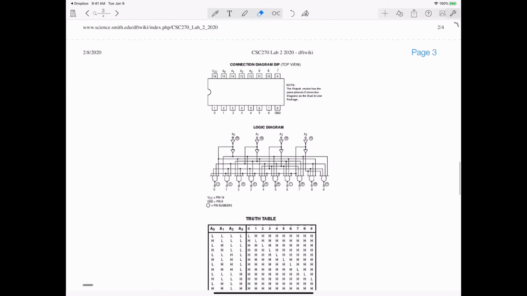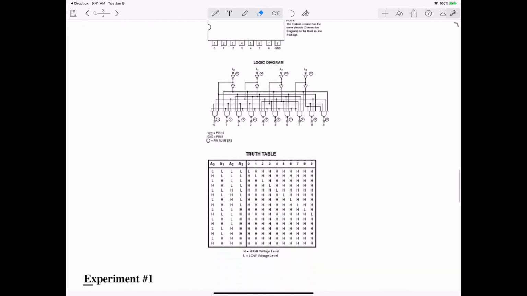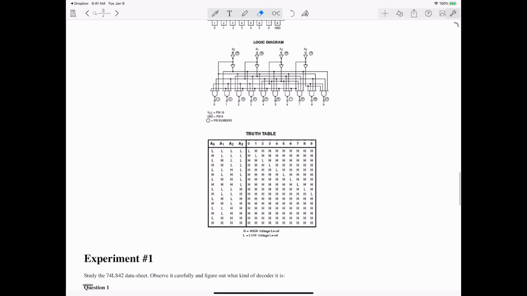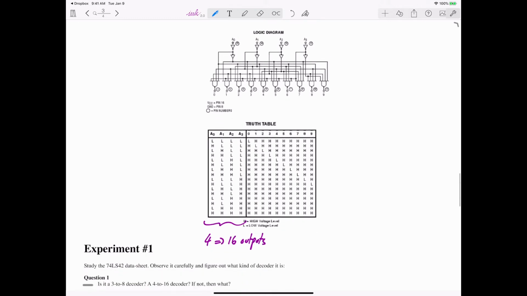Some of you discovered in the lab that I have 4 inputs here. Therefore, I should have 16 outputs. But if I were to implement it completely in a circuit, I would need 20 pins just for inputs and outputs, plus 2 for ground and VCC.